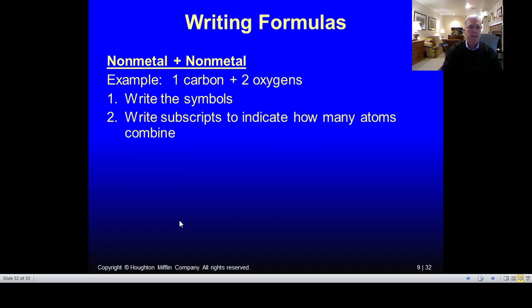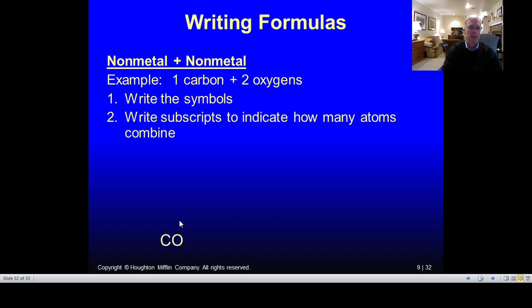So let's say that then we want to write the formula. Well, this is easy because the name in this case is a dead giveaway. Whenever you see these Greek prefixes, it describes the formula to you. So we write the symbols and then we write the subscripts based on those prefixes that are in the name.